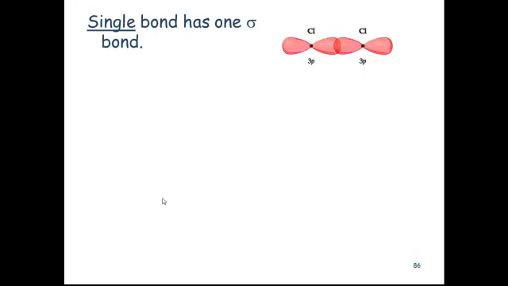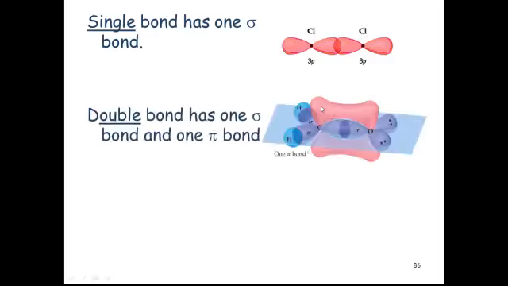In order to illustrate what a single bond looks like, this is what a sigma bond would look like. There's a sigma between these 2 chlorines, and a double bond has a sigma between this carbon and this oxygen, but it also has a pi bond, which is this red, kind of hot dog shaped orbital.